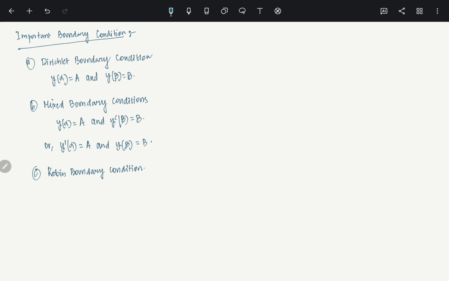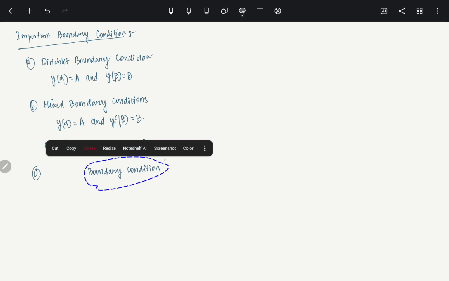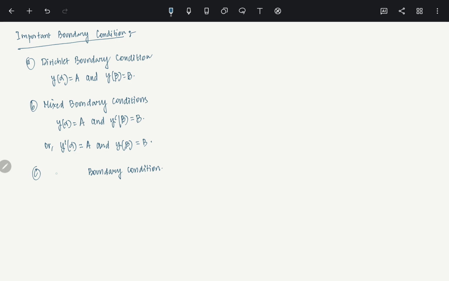Maybe it is better to write it as separated boundary condition. Let's not put Robin, let's just put separated boundary condition. What is the separated boundary condition?